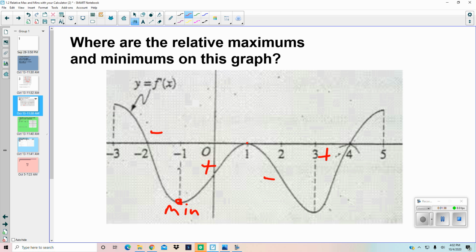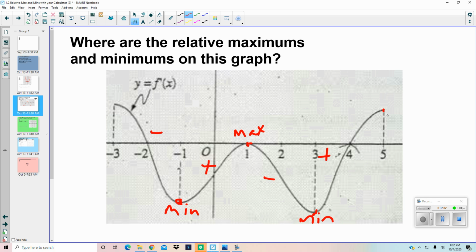Where it went from positive to negative at 1 there, that's a maximum. When it went from negative to positive, another minimum. And then we have up top here, if the graph stops at that point, that's also a maximum. If it curves back down, it's still a maximum.